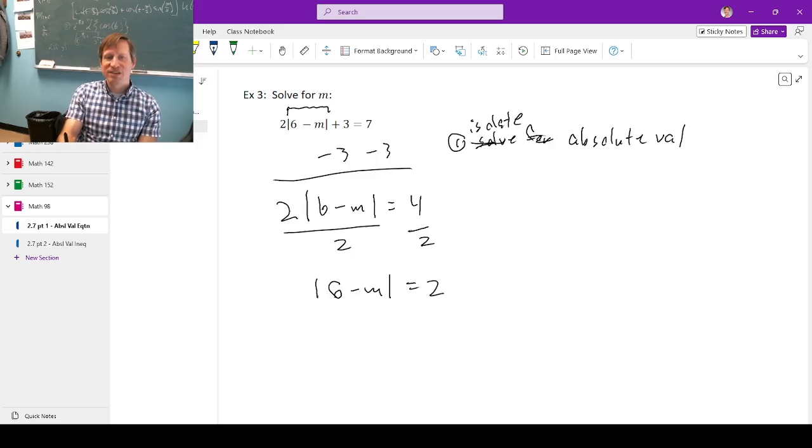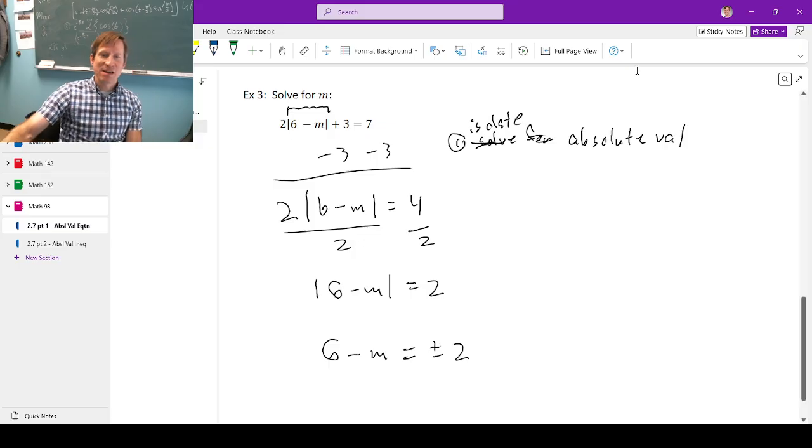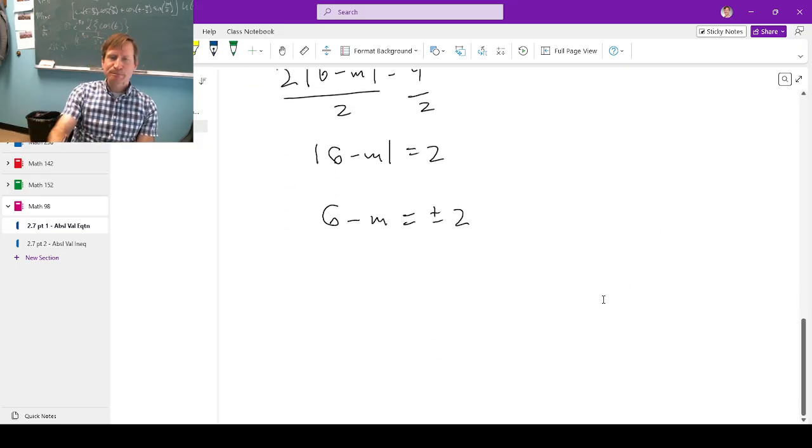So absolute value of 6 minus m equals 2. And now we've isolated the absolute value, so now we'll deal with the absolute value. So remove the absolute value: 6 minus m equals, and remember, the price of removing the absolute value is to stick a plus or minus on the right-hand side. So 6 minus m equals plus or minus 2.